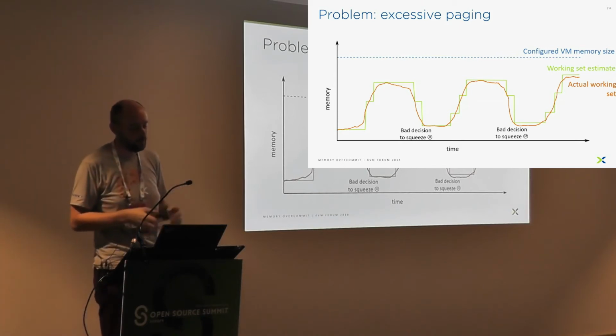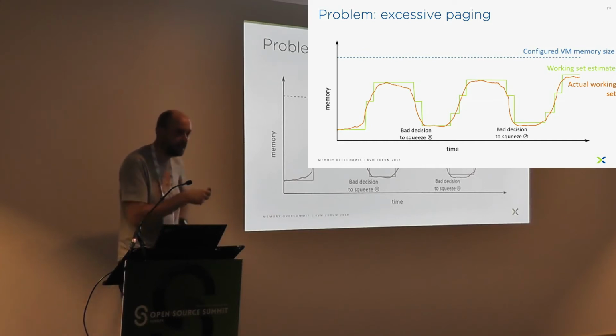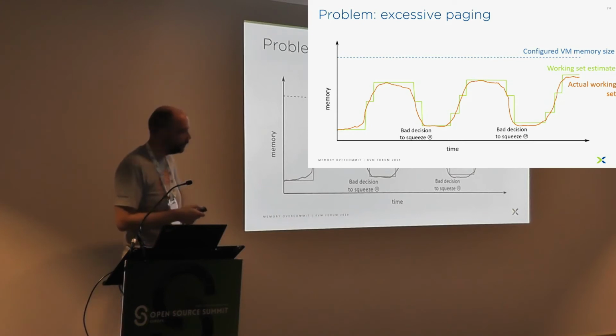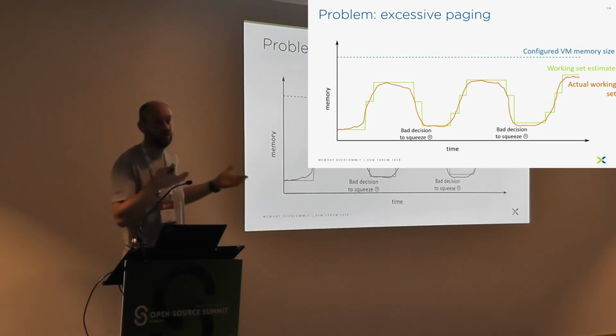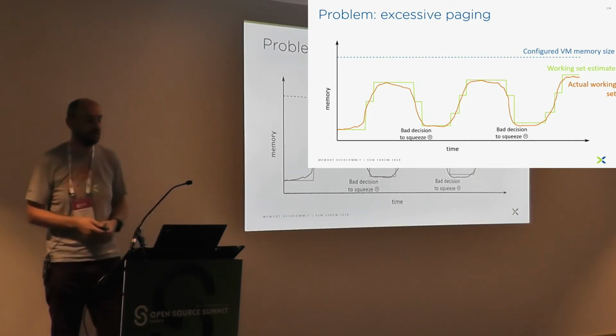So in this example, if we're following the shape of that working set too closely with our estimate of the working set size, then we're actually making some bad decisions, or decisions that have the appearance of being bad with the benefit of hindsight. We can see here that these pages, we do not want to put these out onto the slow swap device because soon after we're actually bringing them back in. So that was a bad decision to squeeze there.